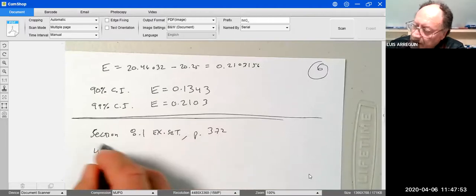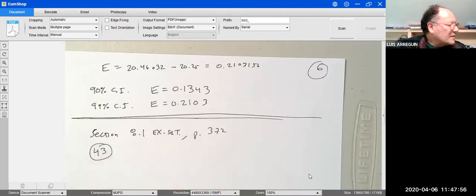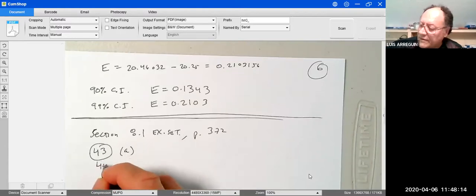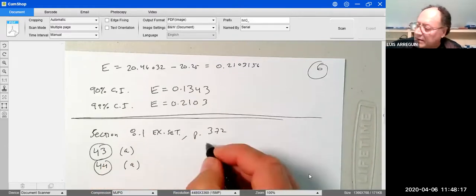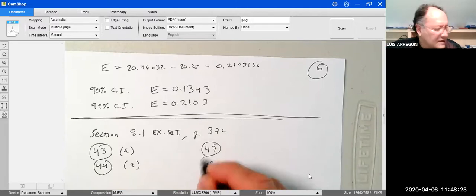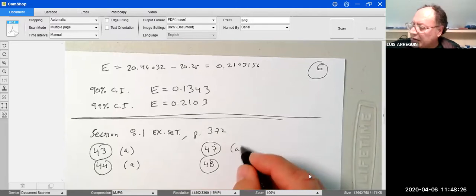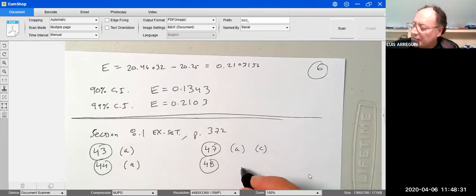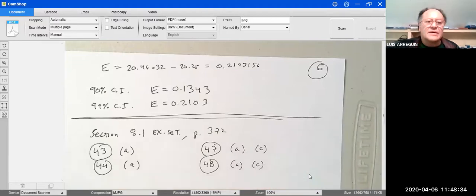You're going to solve exercise 43, only part A. And 44, you're going to solve only part A. If you solve everything, then you need to solve at home 2 more exercises, 47 and 48, and you're going to solve part A, part C, and part A, and part C. So solve those problems.